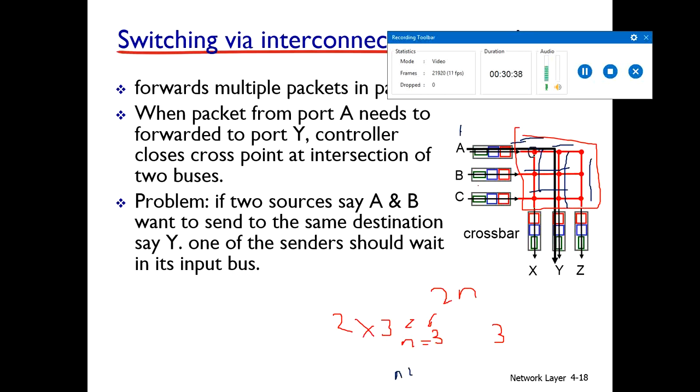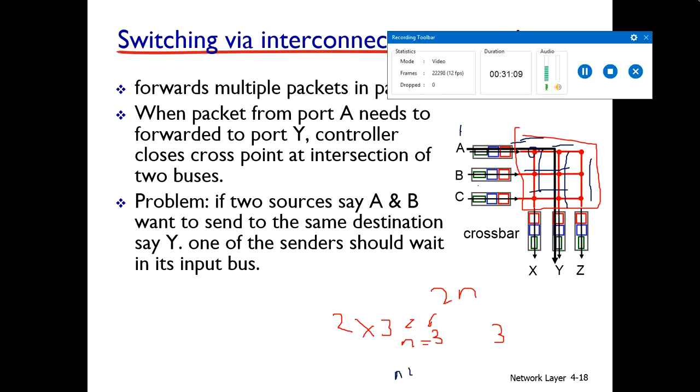So this is the intersection with the vertical bus which leads to the desired output port. If the vertical bus leading to the output port is free, then the packet is transferred to the output port. But if the vertical bus is being used by someone else to transfer a packet from another input port to the same output port, then the arriving packet is blocked and it must be queued in the input port.